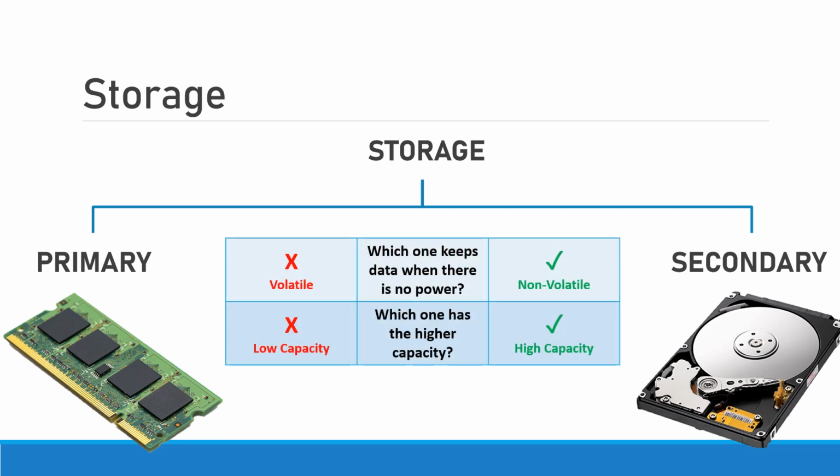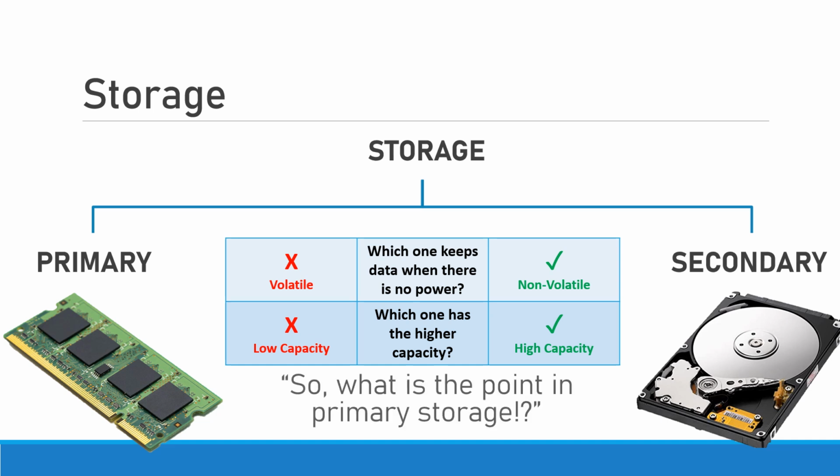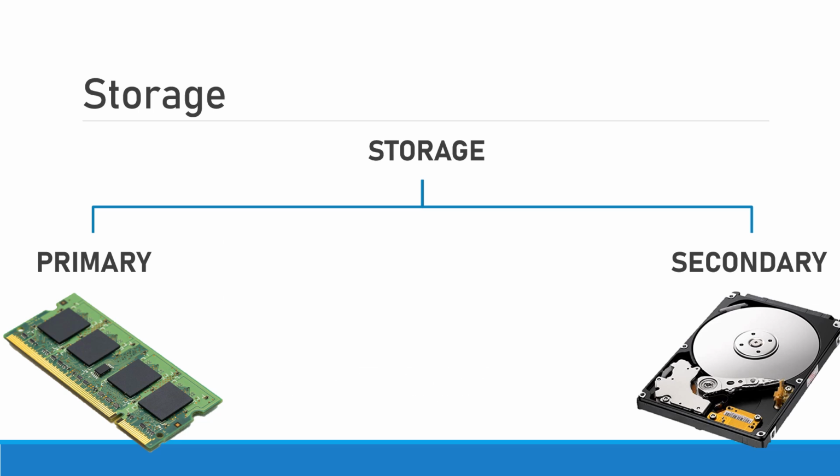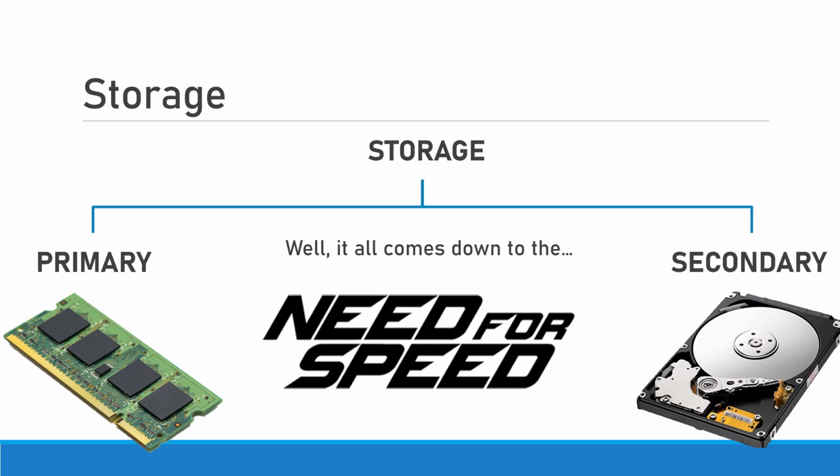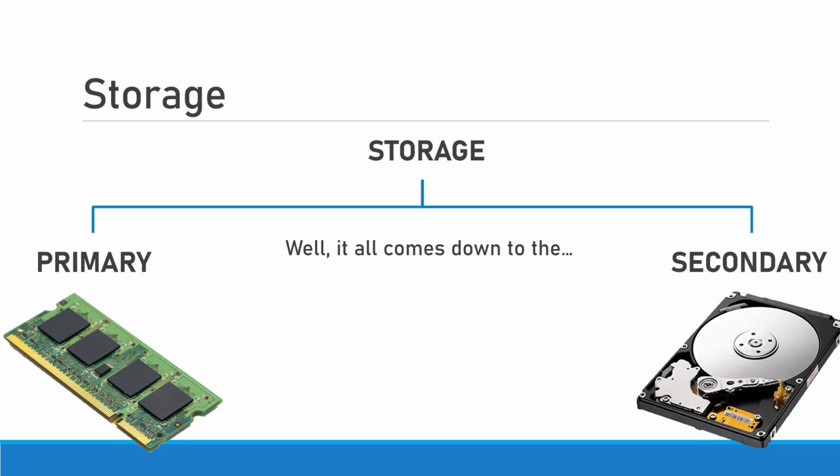So if secondary storage is non-volatile, which means that it keeps data when there's no power, and also has a much higher capacity, you might be thinking, what's the point in primary storage? Well, it all comes down to just one thing, and that is the need for speed. Secondary storage is super slow.